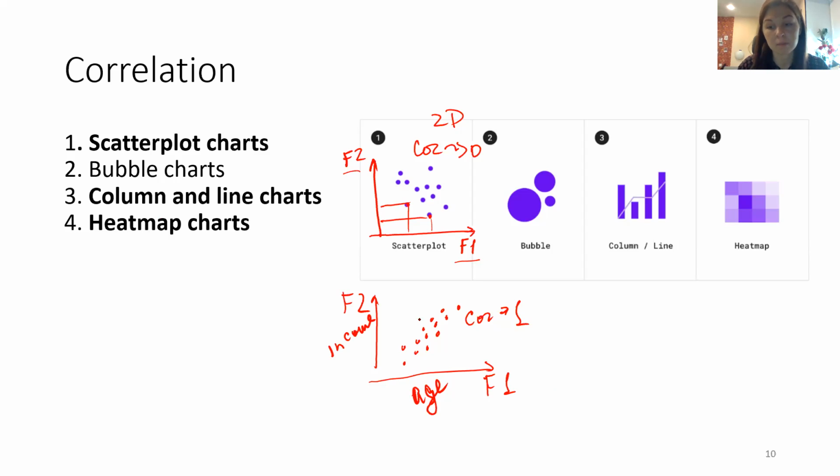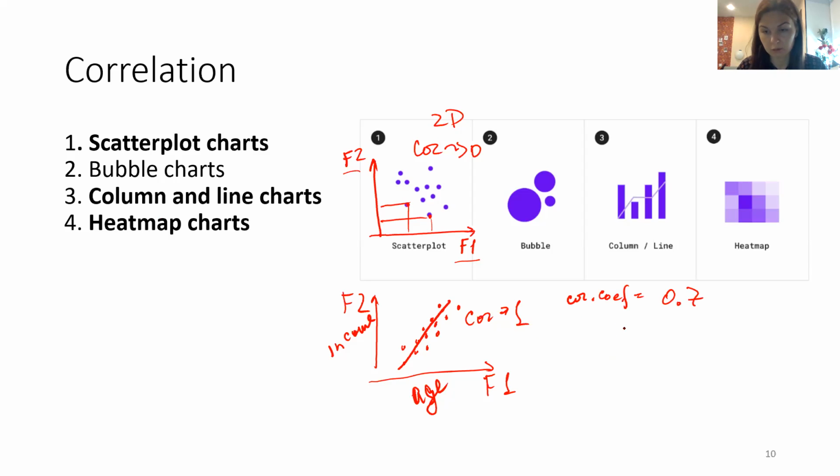Sometimes, using some mathematical equation, we may calculate the correlation between age and income. And for example, we will see that the correlation coefficient is equal to 0.7.